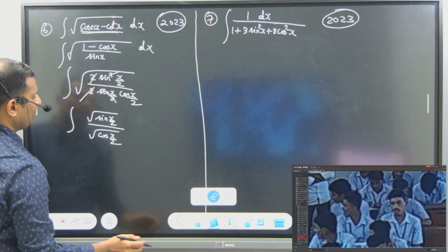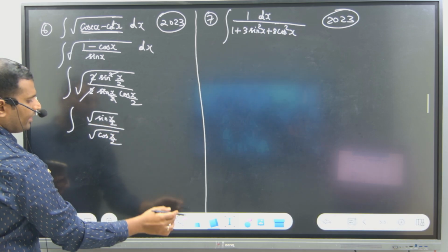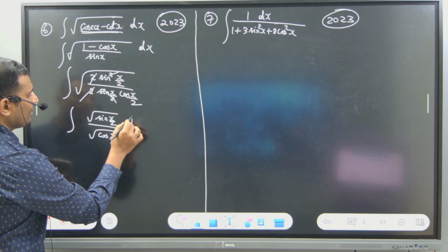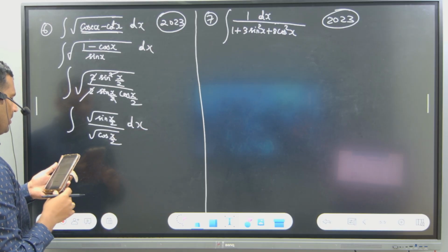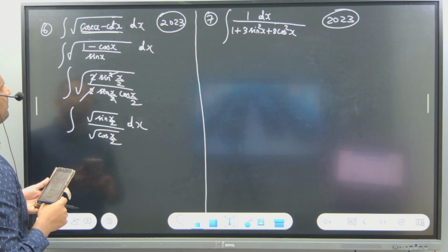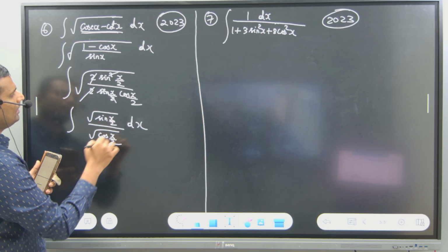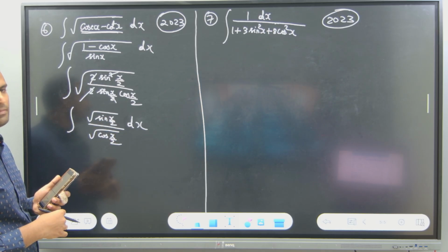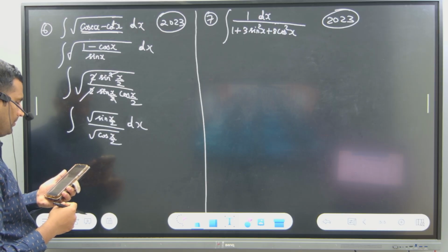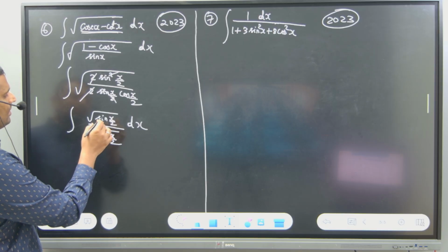Okay, but how do you simplify further? How do you integrate further from here? Any thoughts, students? Any idea? What will you do from here? What next, students?